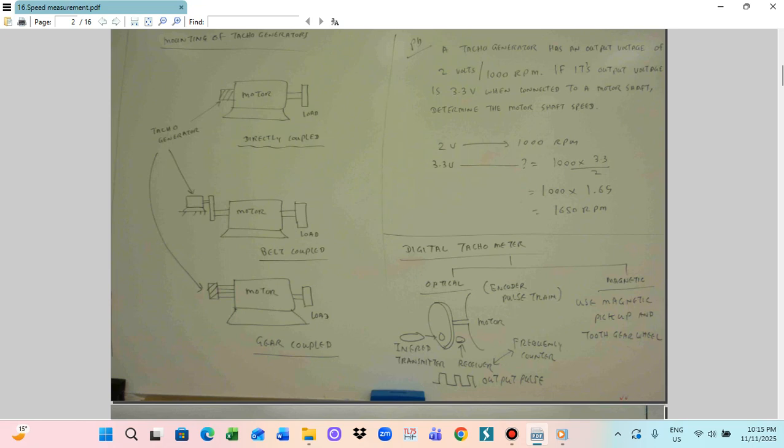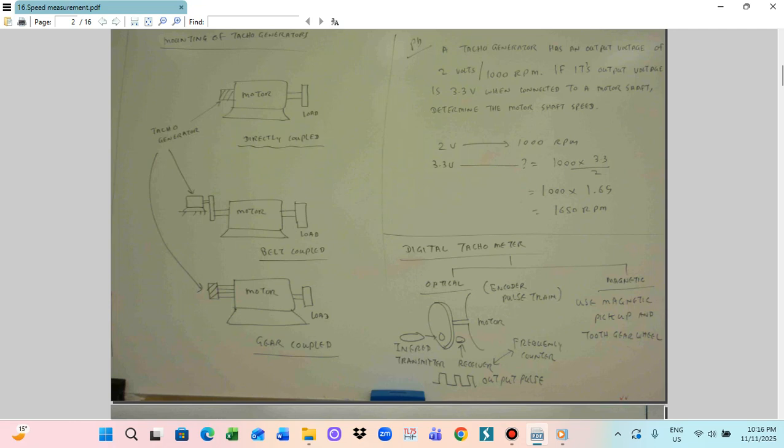And for magnetic, we can also utilize a magnetic pickup. The magnetic pickup induces a voltage, and then we pick it up. Both are connected to a frequency counter. So this receiver is attached to the frequency counter. In this case, you can use a decade counter or something.